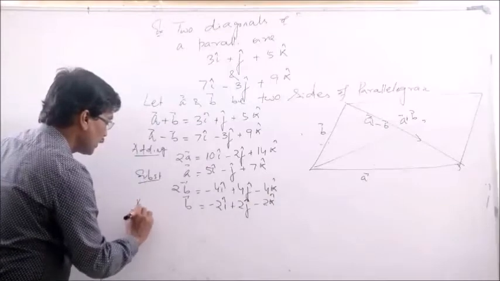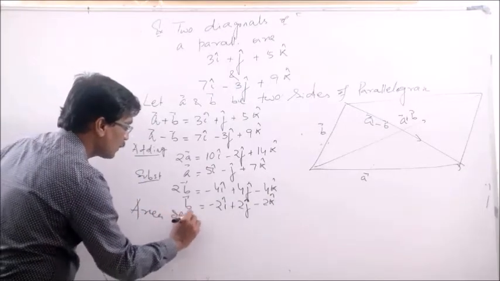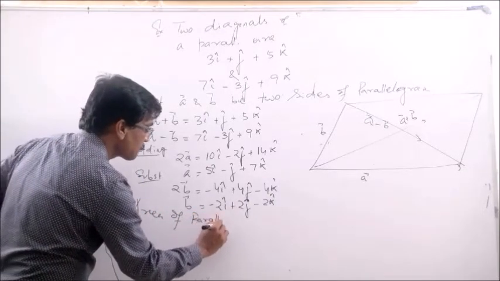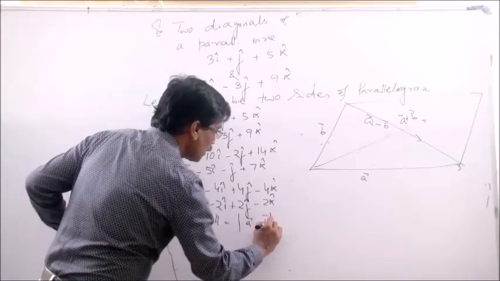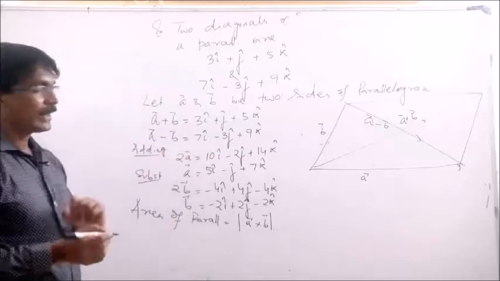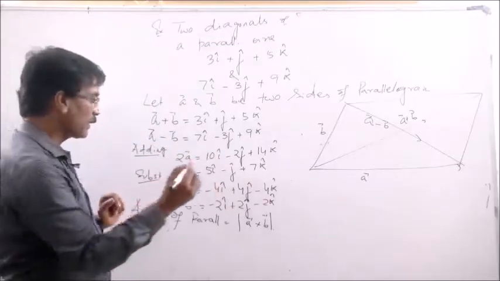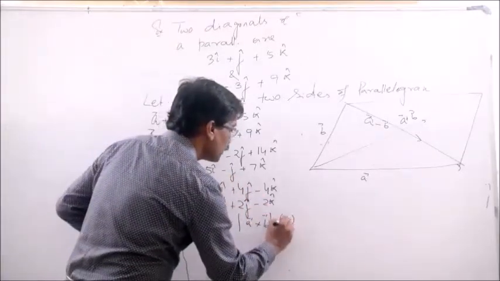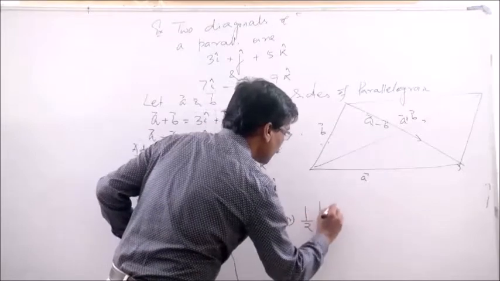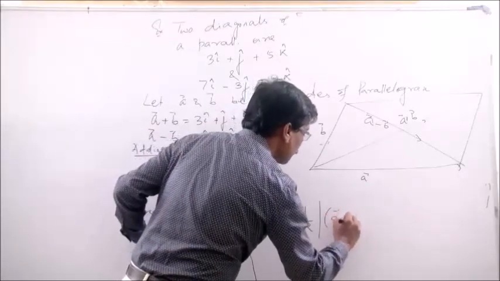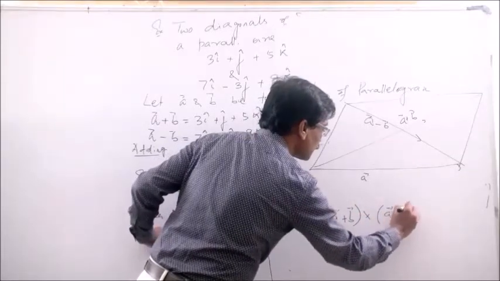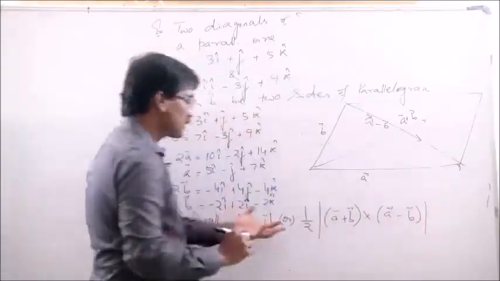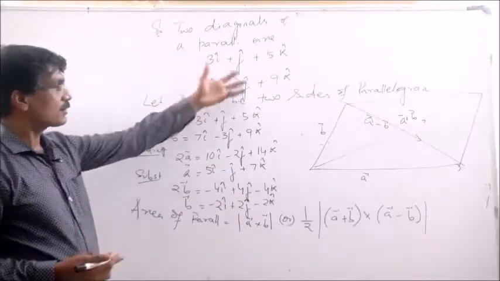So area of parallelogram is equal to magnitude of A cross B, or without finding A vector or B vector, you can find it as half of the magnitude of (A plus B) cross (A minus B). That is, without finding these two sides, we can directly find the cross product of these two vectors.